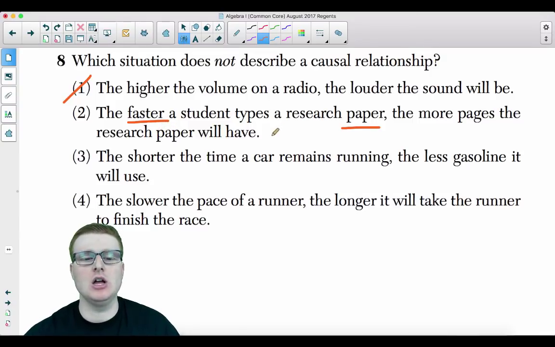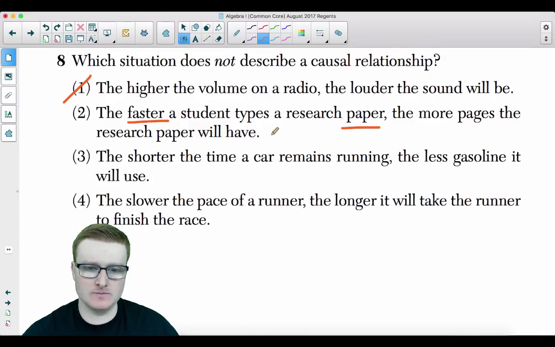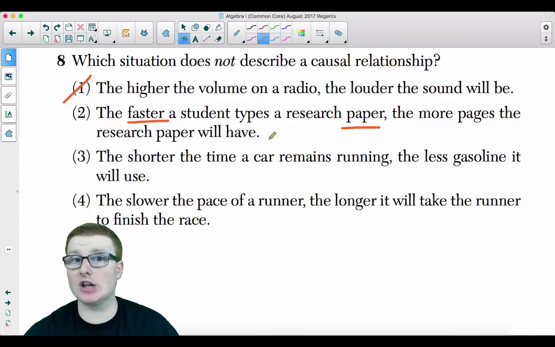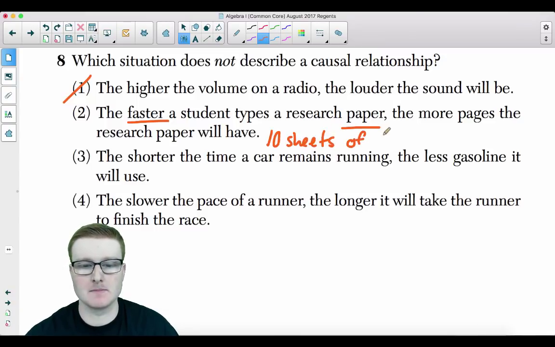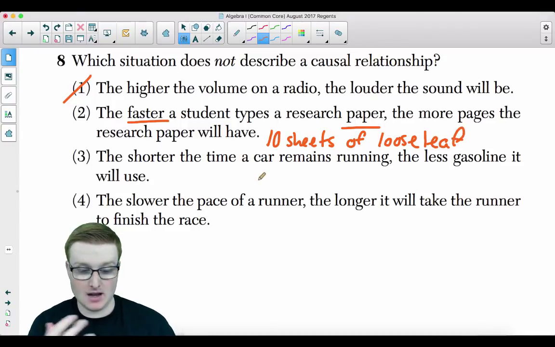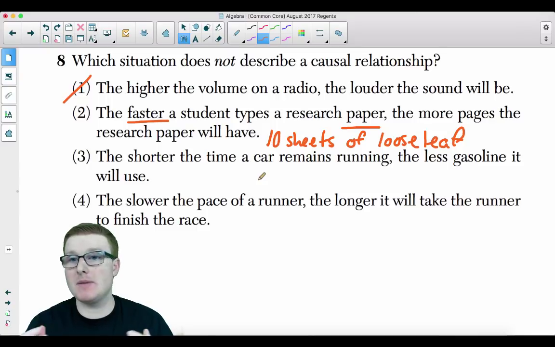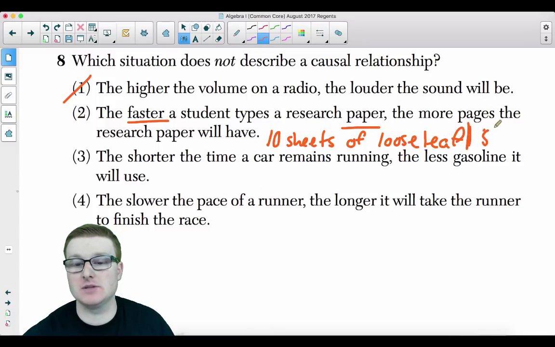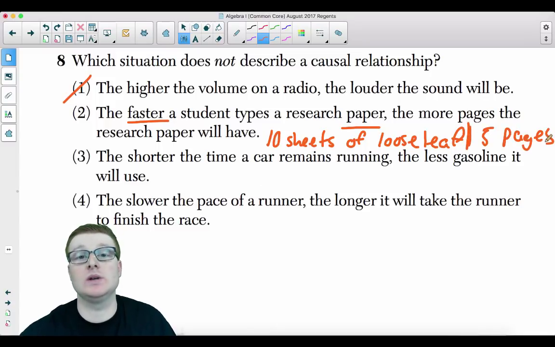And the answer is no. So if I were to tell you to write an essay on scrap paper first, and you have 10 sheets of loose leaf, all you're going to do is take all those words that you wrote, put them up on a nice, clean Microsoft Word document, and let's just say you get 5 pages, because we all know that we write bigger than we type.